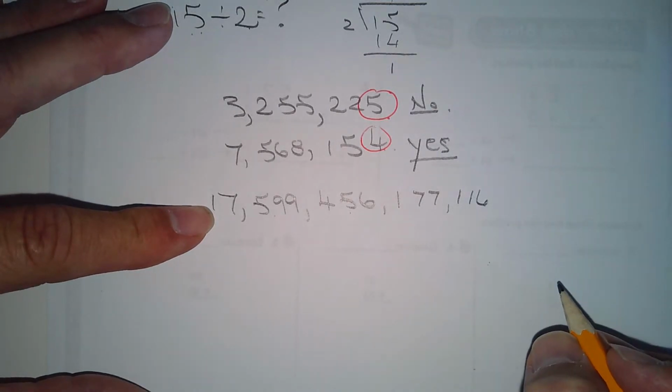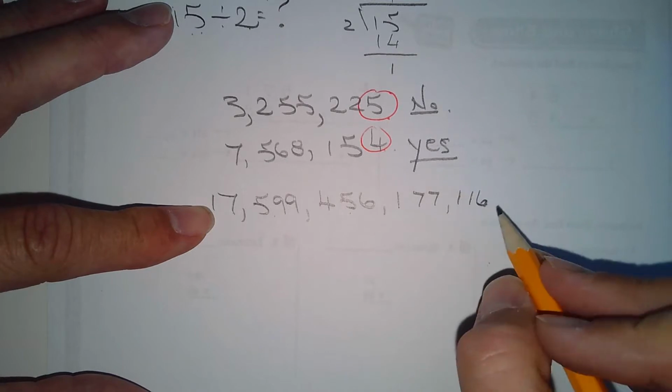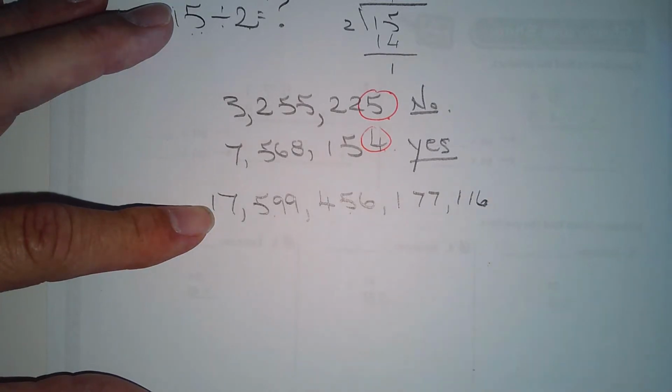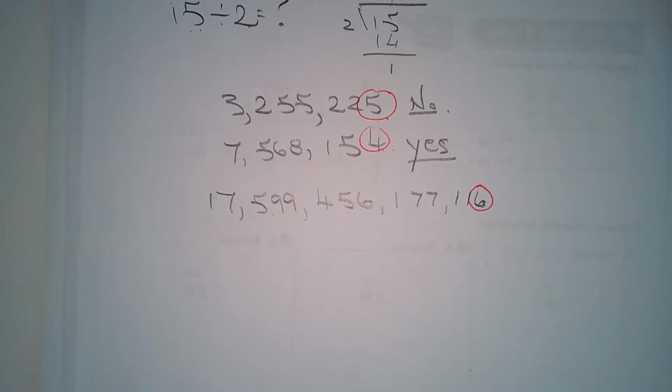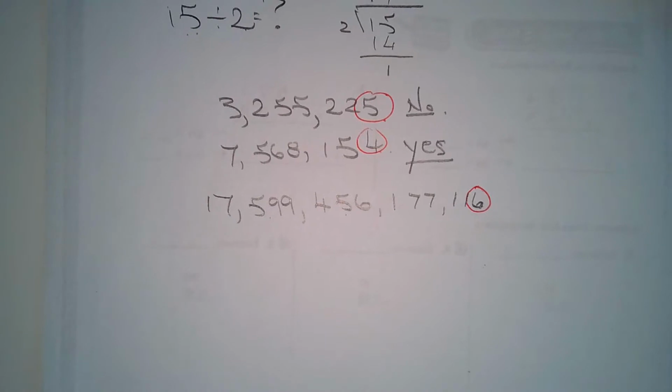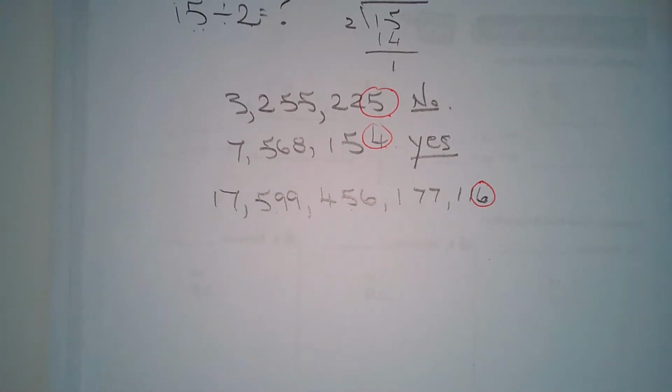That's easy. Is that divisible by 2? Yes, it is, because all we do is look at the last digit, and we know that 2 goes into 6. Any questions on that? You want to do that problem? That's kind of impossible.